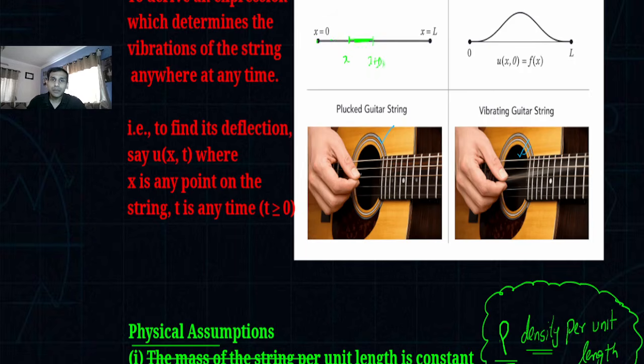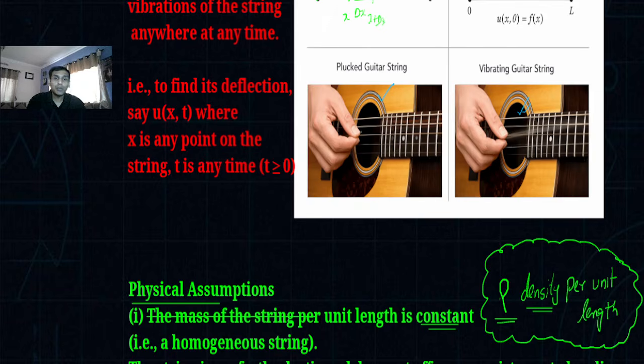And the distance between them is delta x, even in the distorted position, because we assume the distortions are very small, not exaggerated like I made the parabola-like thing. Okay, so the distance between them is delta x. Here also it's negligibly delta x. So the mass will be, because we want to apply F equal to ma, approximately rho multiplied by delta x.